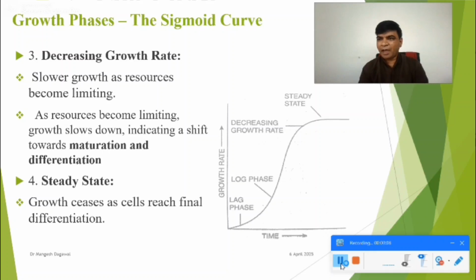During this phase, as resources become limiting, growth slows down.